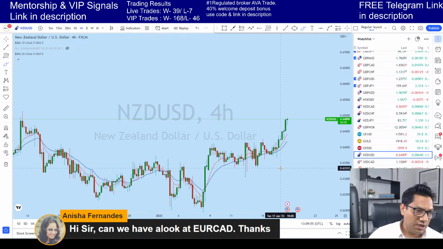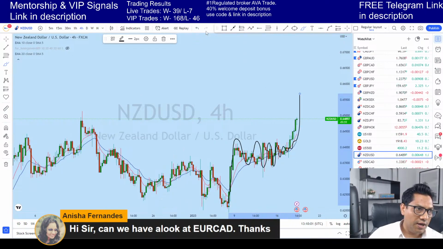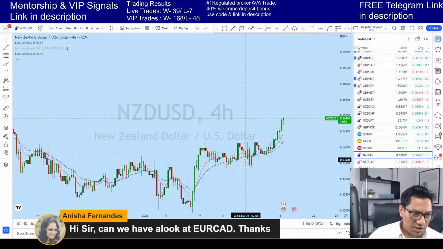Now as you can see on NZD USD as well, there was a big impulse and then a long consolidation grabbing liquidity and then it has gone up. See, these two candles during the news was a big liquidity grab, and we see that from that zone there was big buying.